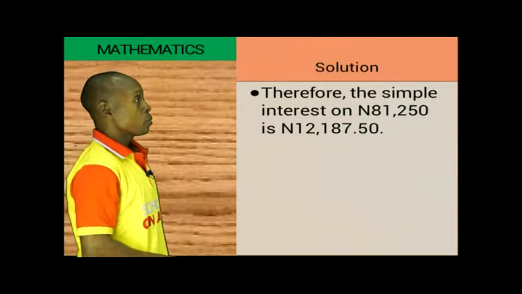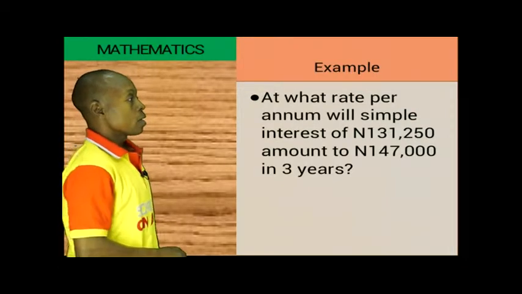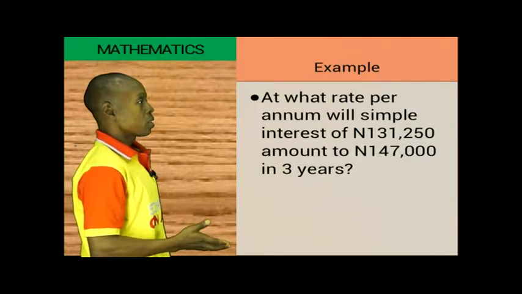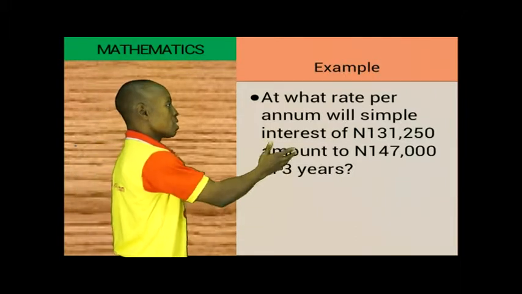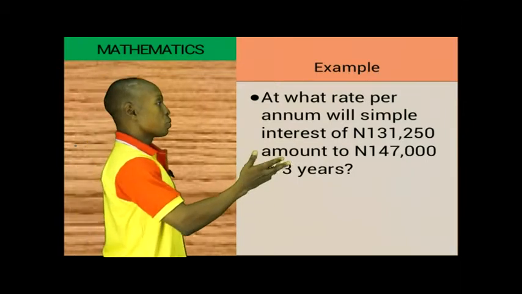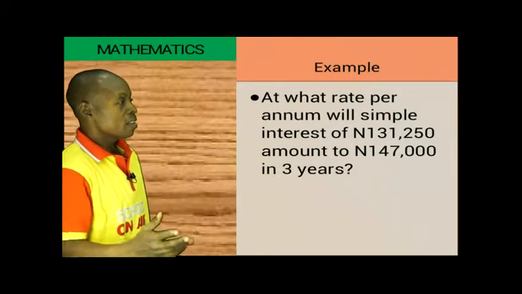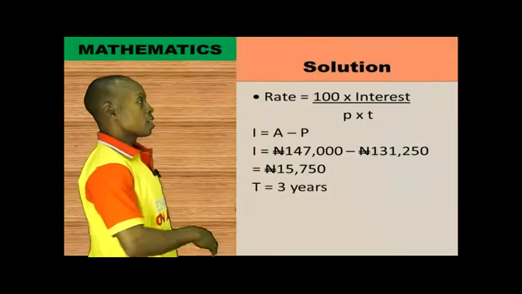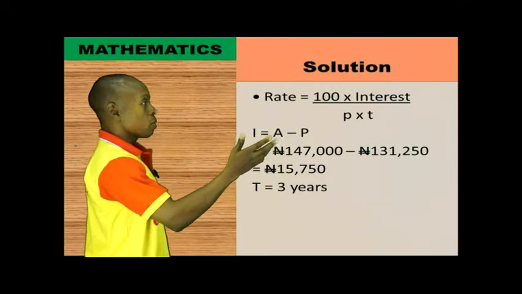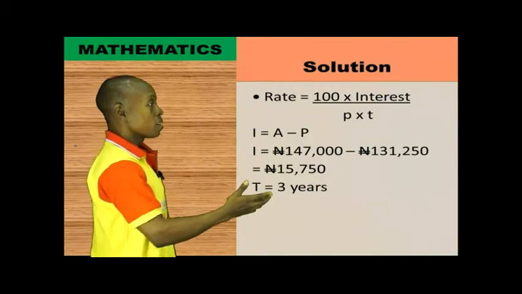In the second example, we were asked to find the rate per annum. At what rate per annum will this simple interest, 131,250 naira, amount to 147,000 naira in 3 years? And we went through the solution. You have 100 multiplied by interest all over principal times time, which is the formula for the rate.